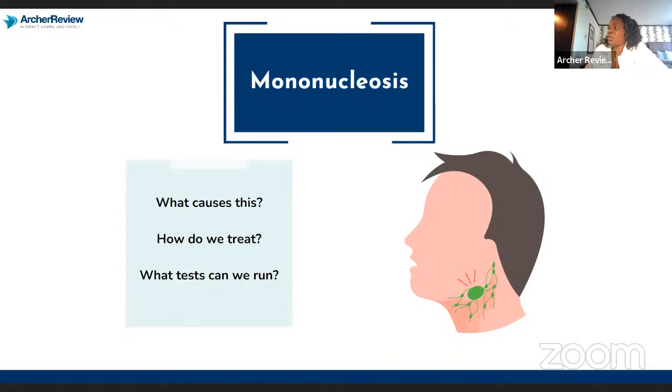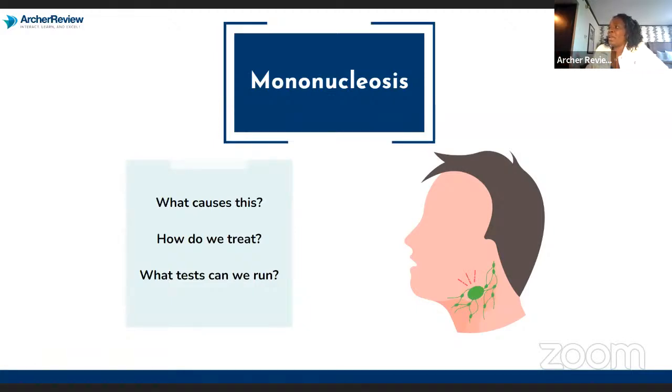And then we also want to check their liver and their spleen, because those are two organs that could be affected by mono. So always monitor them for hepatosplenomegaly. When you diagnose someone with mono, you want to document no hepatosplenomegaly noted, or if it is present, then you say that it is.